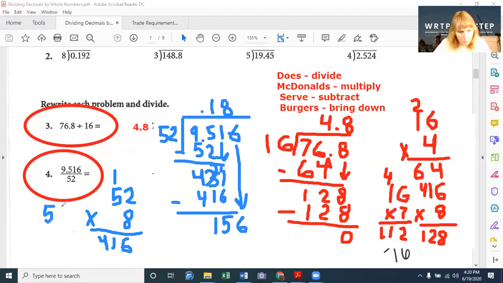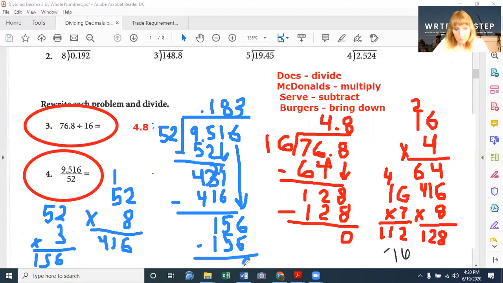So 52 times 3 is 156 exactly. So that's a 3. So that becomes 156. And you subtract 156 minus 156 is 0.